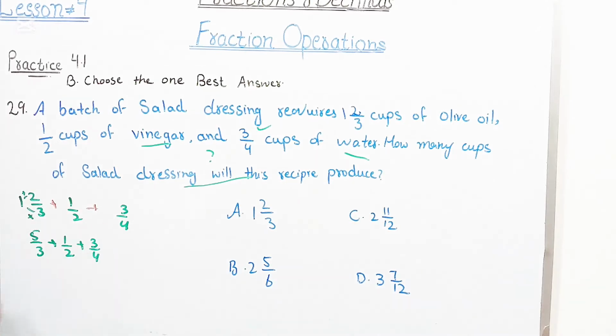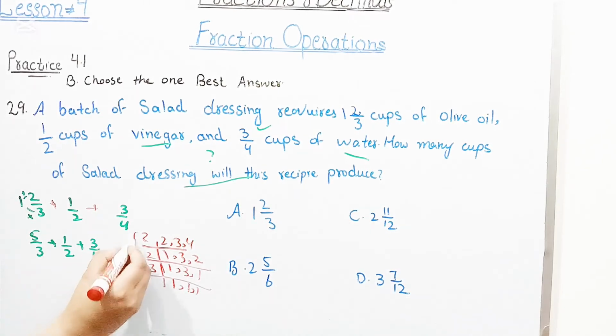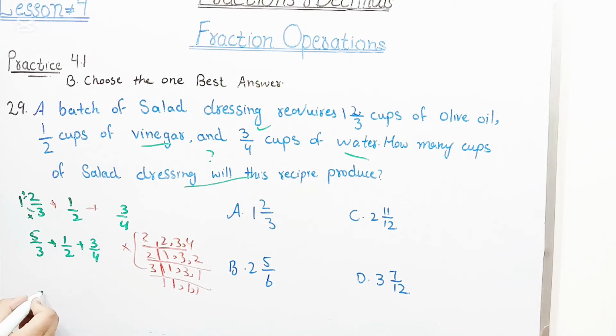So we take the LCM. 2, 3, 4. 2 1 are 2, 2 2 are 4, 3 as it is. Again 2 1 are 2, 3 1 are 3. When we multiply, it will become 12.